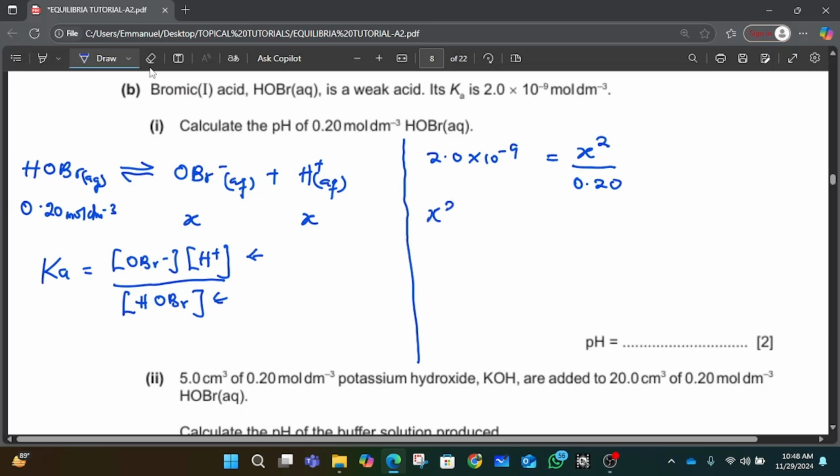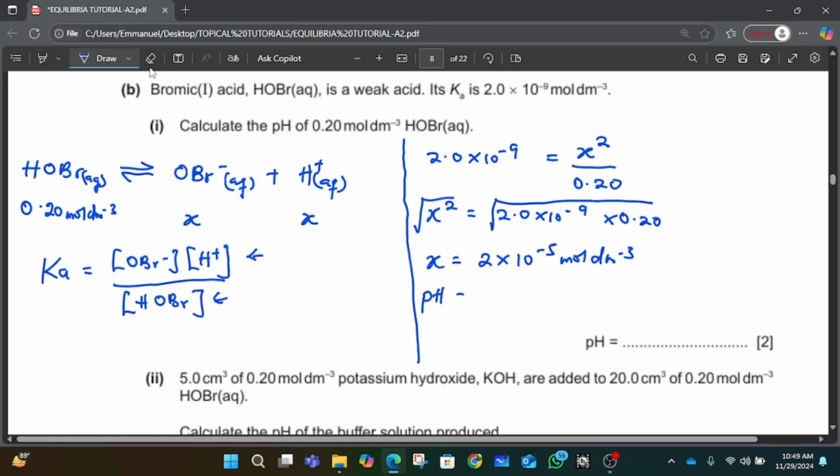So x squared is equal to 2.0 times 10 power minus 9 times 0.20. So we find the square root of both sides. And so x is equal to 2 times 10 power minus 5 mole per decimeter cube.